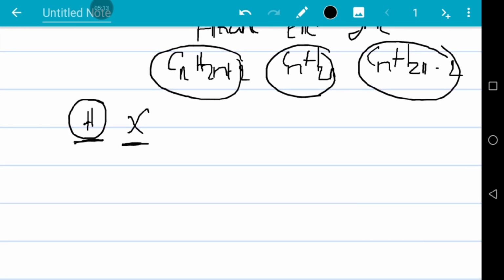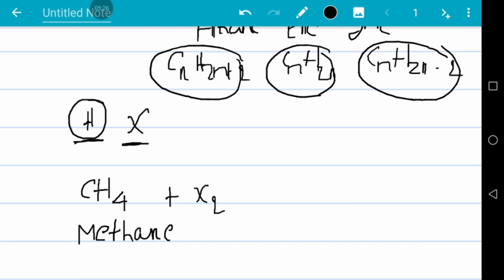For example, CH4, what is the name of this? Methane. When methane reacts with any halogen like fluorine, chlorine, bromine, iodine, then in the place of one hydrogen, a halogen is substituted, and you will get CH3X.